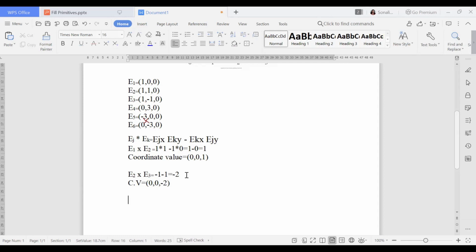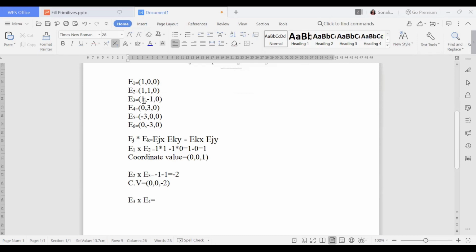Let's calculate the next one, E3 into E4. I'll give you the equal sign. I'm just going to write it this way so that you can understand it. E3 into E4 equals, and now you see everywhere you have to do cross multiplication, so that you don't forget.